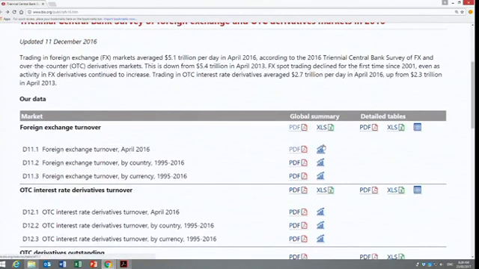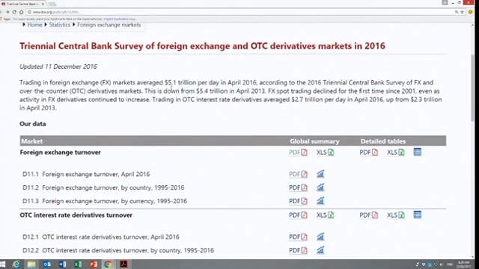It will be backdated to maybe a few months before the end of 2016. If you click on this link called foreign exchange turnover, they explain in a fairly non-technical sense what is happening to the foreign exchange markets recently, or rather in the past 3 years. So the figures that I've got in the lecture slides are based on the 2007 report.